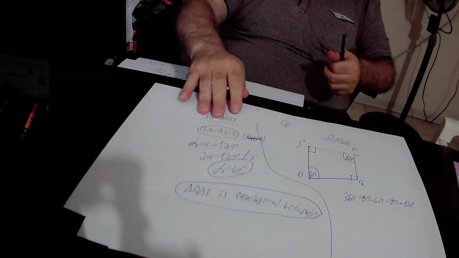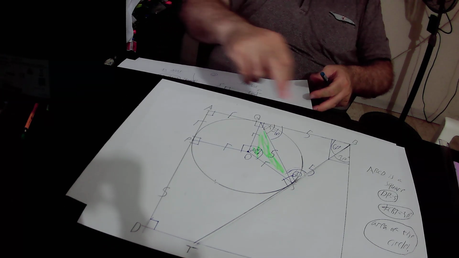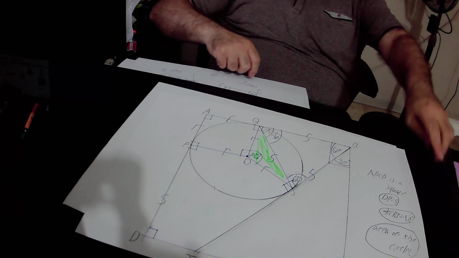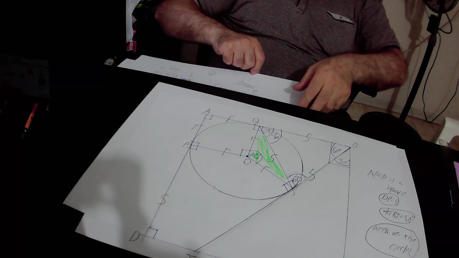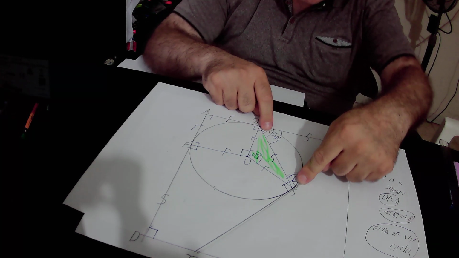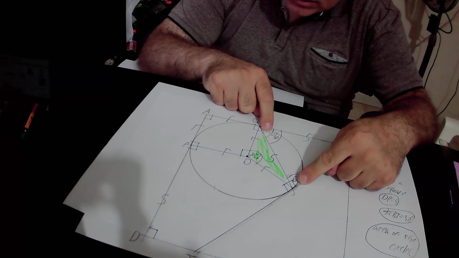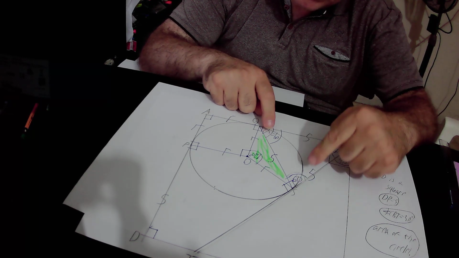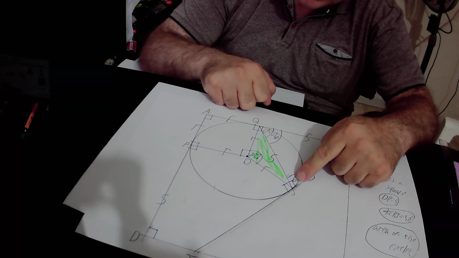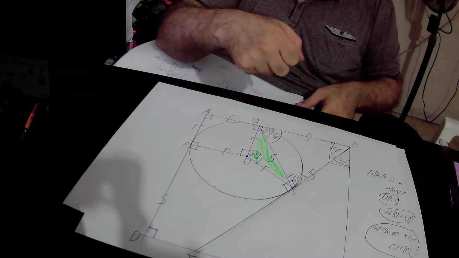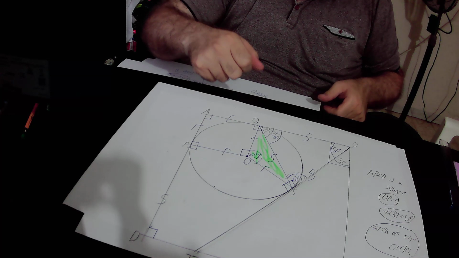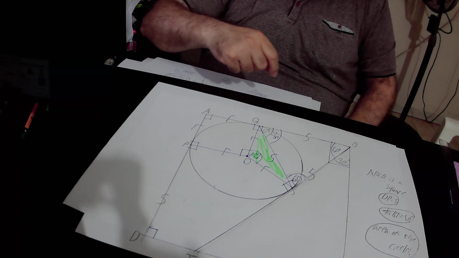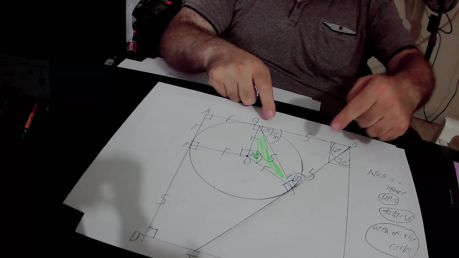So in triangle QBS, those two sides are equal to each other. And we have the rule that opposite equal sides in a triangle, there are equal angles. So if this angle is alpha, then this angle must also be alpha.